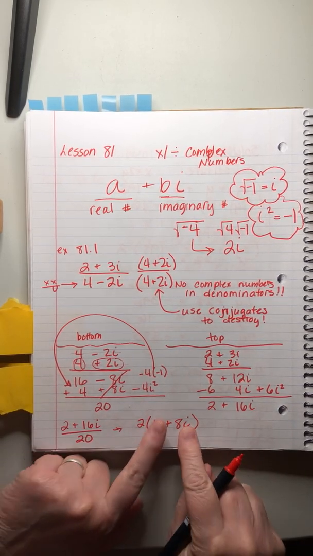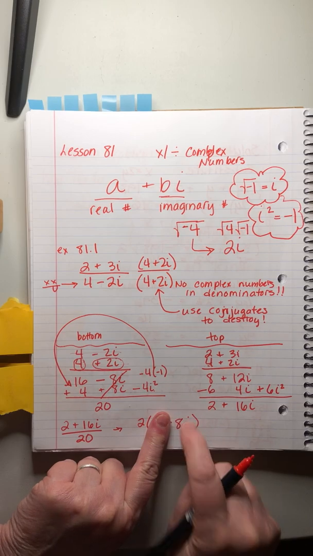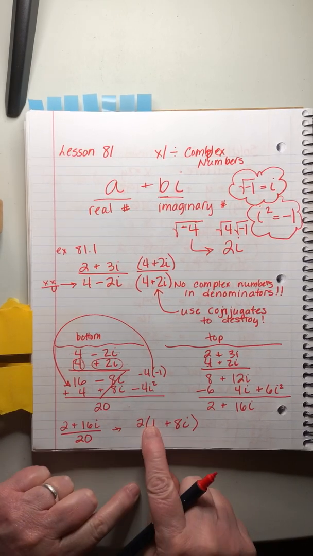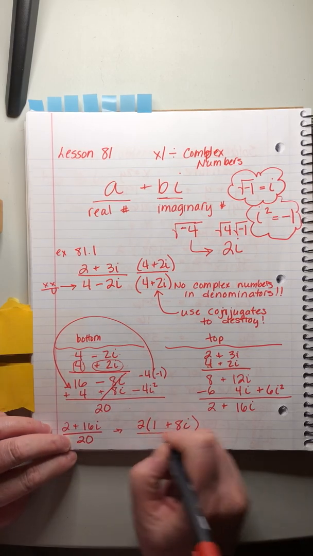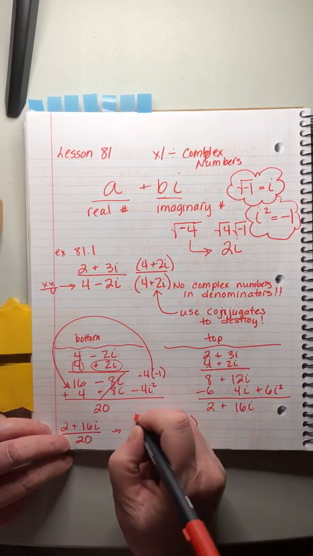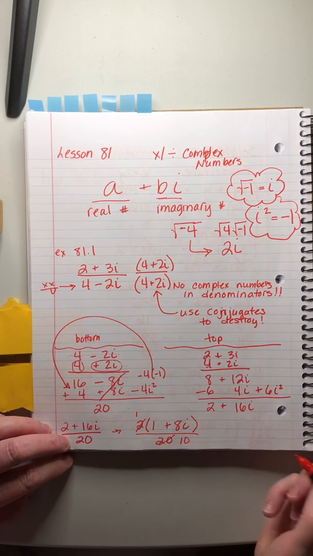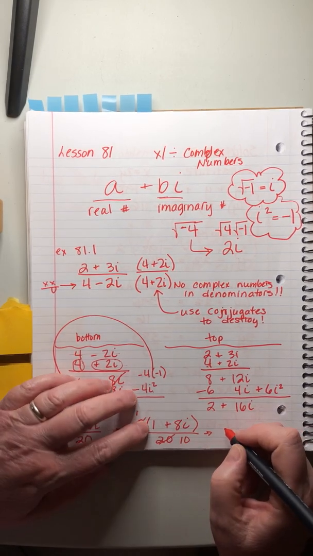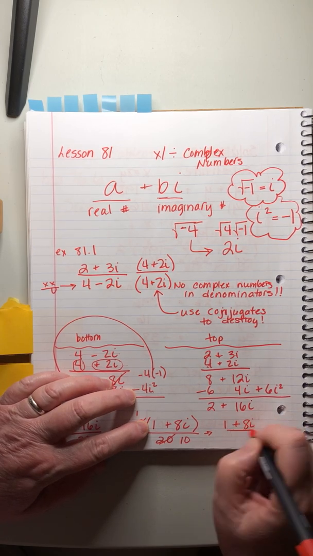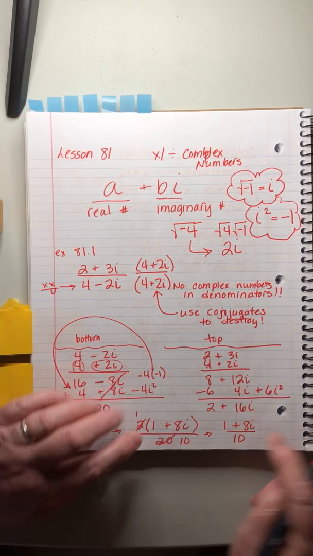We can't just leave it as 8i, because then if we multiplied it back, we'd get the 16i, but we wouldn't get that part, right? So you have to put that in as a placeholder. Now it's over 20. Now I can reduce. That goes to a 1. This goes to a 10. Now we have 1 plus 8i over 10.